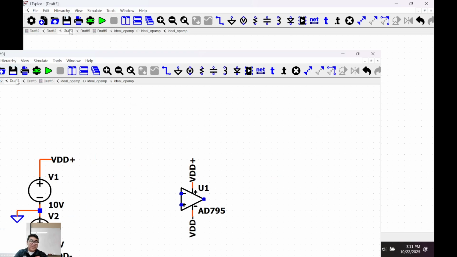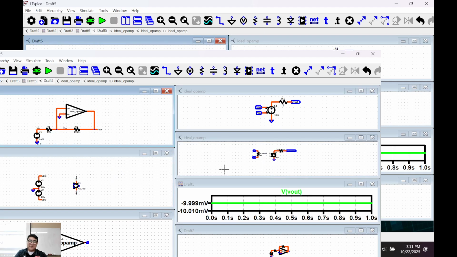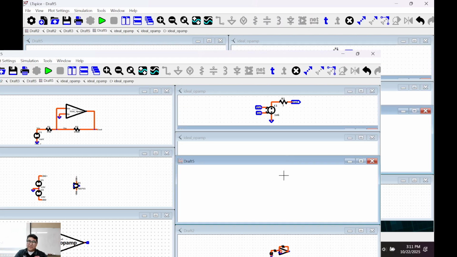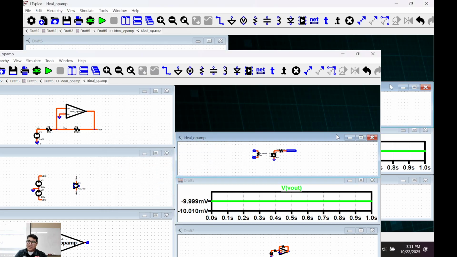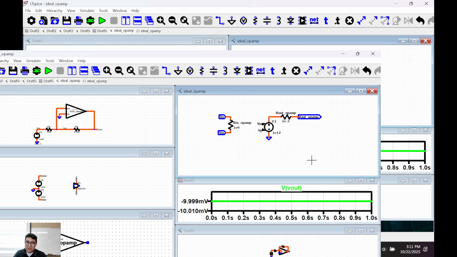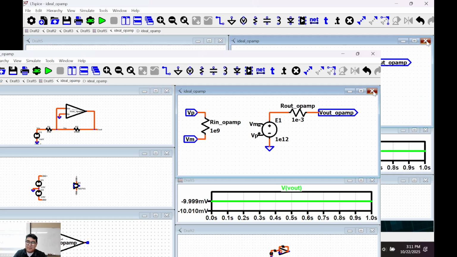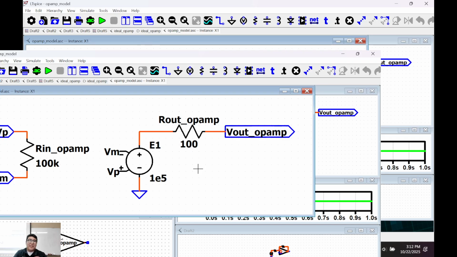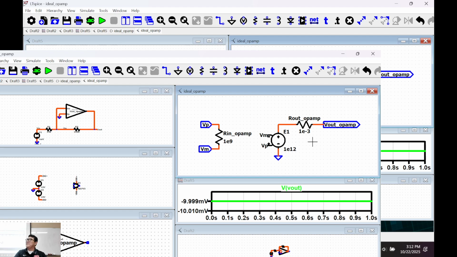So let's go back to our schematic, our problem. Let's run this again. Are we getting our same numbers? Actually, let me just delete this. Yeah, sure, that's all right. Ideal op amp. Hold up. Okay, that's our ideal op amp. Control S. Double click on the symbol. Okay, good. Is anyone following what I'm trying to do?